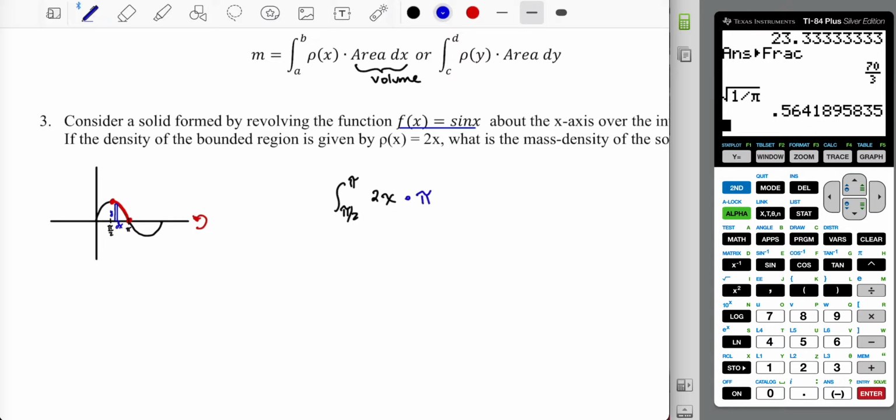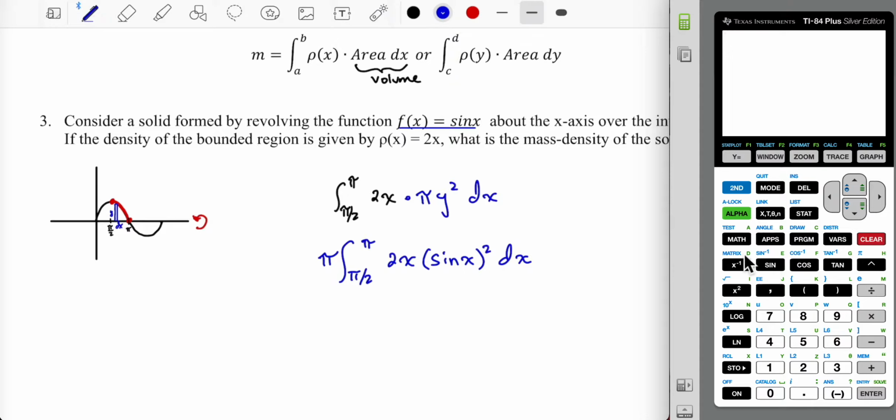So pi times my radius, which is y, squared dx, where y, I'll put the pi out in front here, is the sine of x. All right. So pi sine x squared dx. No domain issues here, so we could jump right to it.